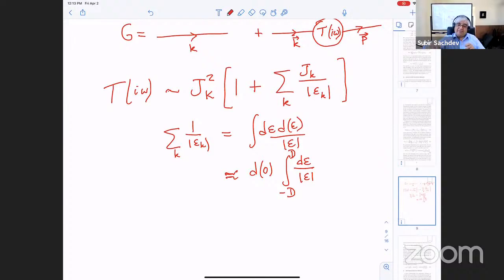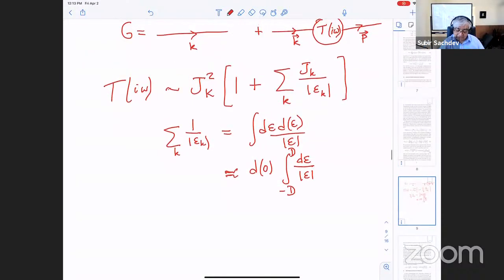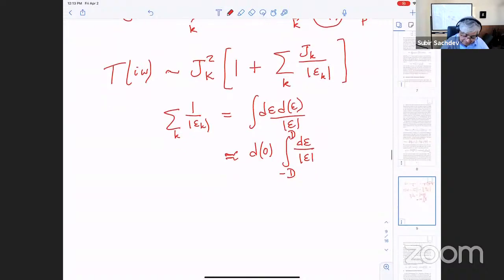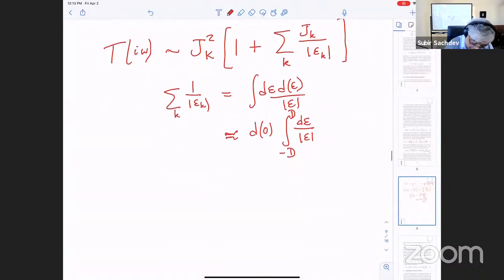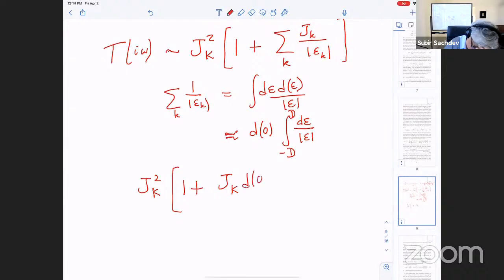And the way you include it over and over again is that instead of doing the full integration, you have an expression here, J_K squared times 1 plus J_K D of 0, and then you have this integral of dE.